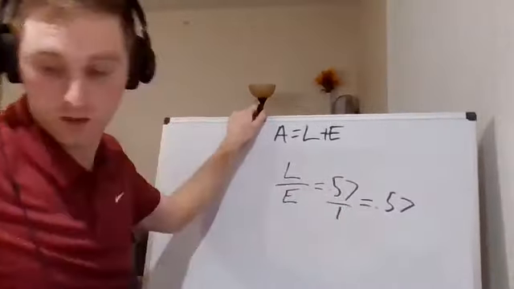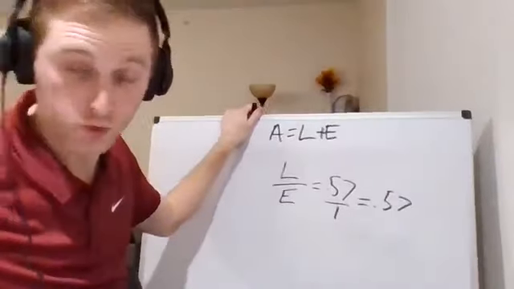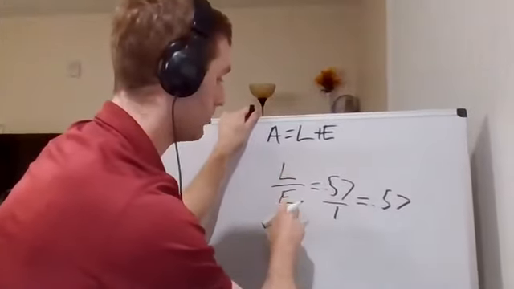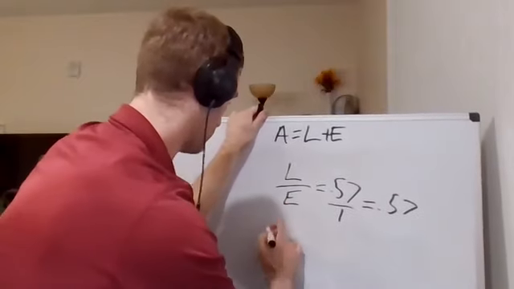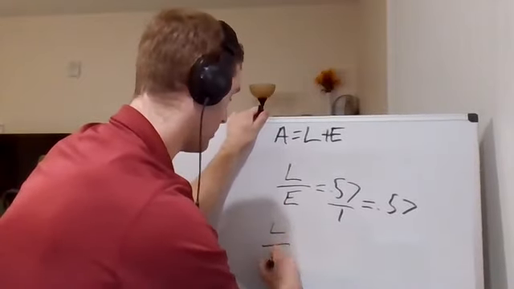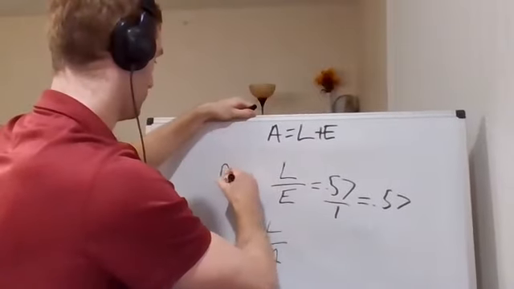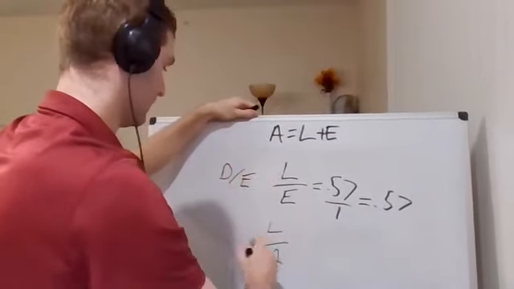He's asking what is the total debt ratio? The total debt ratio is liabilities divided by assets. This is debt to equity, and this is our total debt ratio.